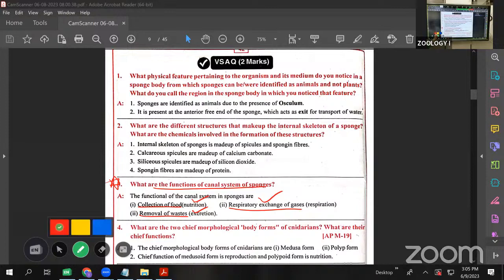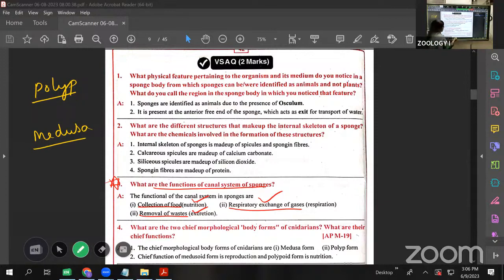The first one is called the polyp, and the second one is called the medusa. One is called a polyp, the second is called a medusa. The medusa is umbrella shaped. The polyp is mainly cylindrical in shape.